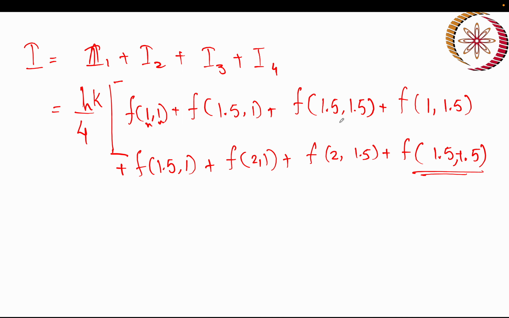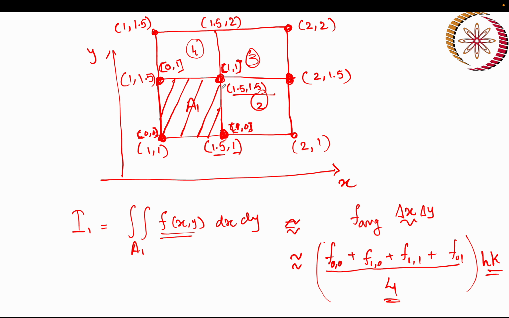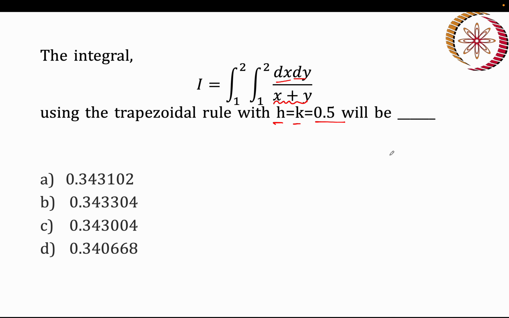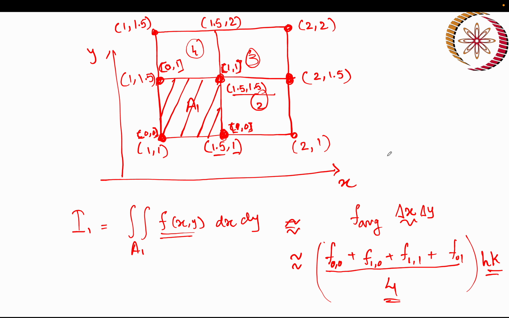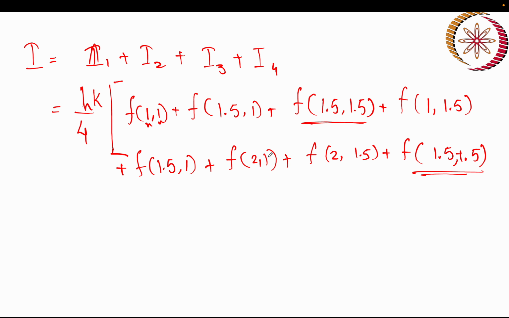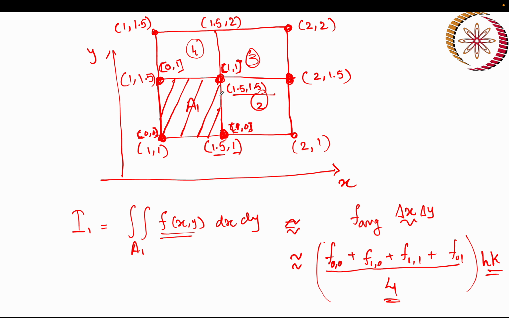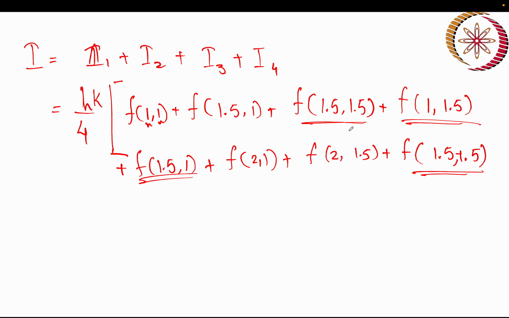So you can see this 1.5 comma 1.5 has come twice, and also, is there any other point? Yes, this point has also been common. This corresponds to this edge which has been shared between these two blocks or areas A1 and A2. So that's how this has been repeated.